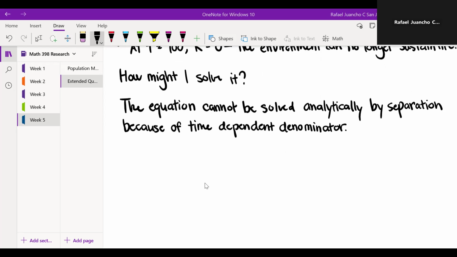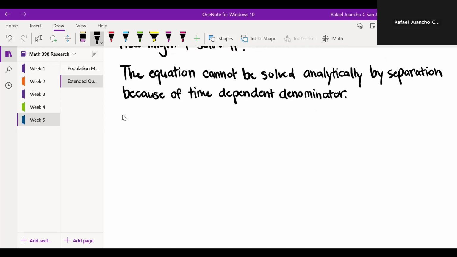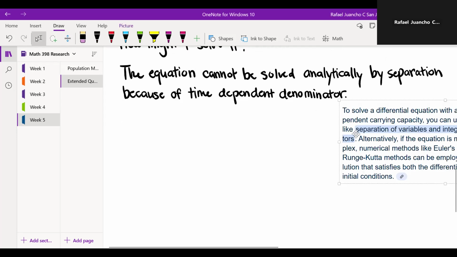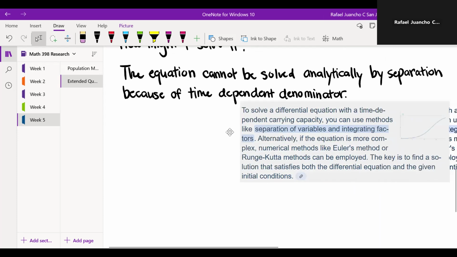And so based on Google, I might just go with something else. So here's what Google said, for AI overview.